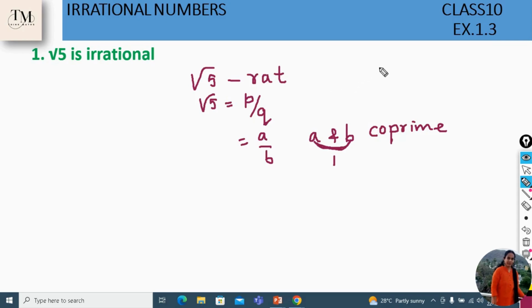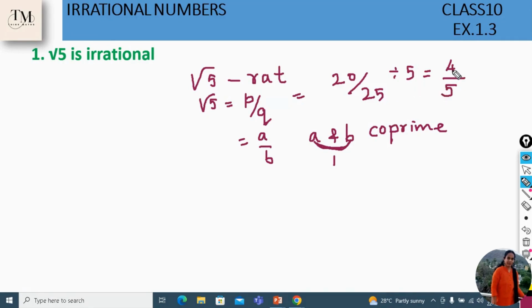Suppose I take p by q as 20 by 25. Their common divisor is 5, so I can divide the numerator and denominator by 5. 20 divided by 5 is 4, and 25 divided by 5 is 5.